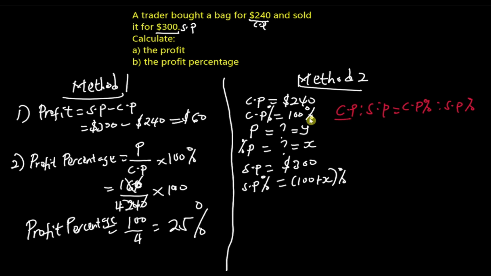Now this cost price over here is $240 and the selling price is $300. When solving, you can ignore the dollar sign and then in your final answer you bring the currency sign. Now the cost price percent, as I said, is always 100%.